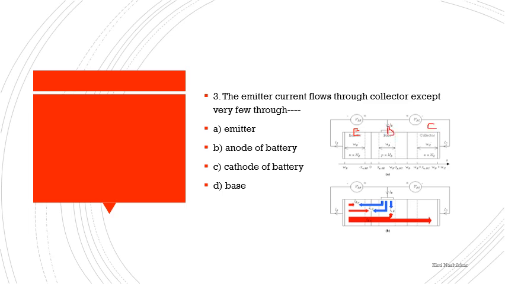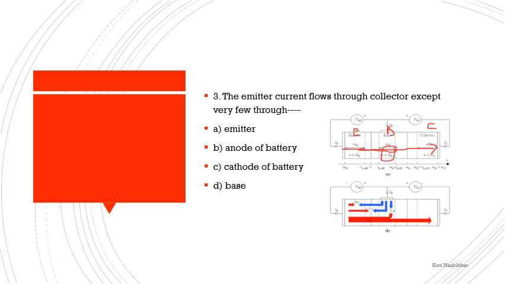And we know that whenever current passes through the BJT, it is due to the majority charge carriers, flowing through the individual sections. So the emitter current has the highest value because it is a highly doped section, and then it goes to the collector, while moving through the base section.